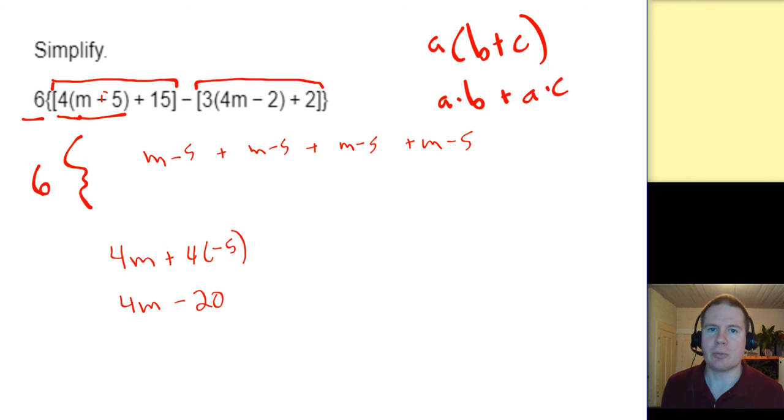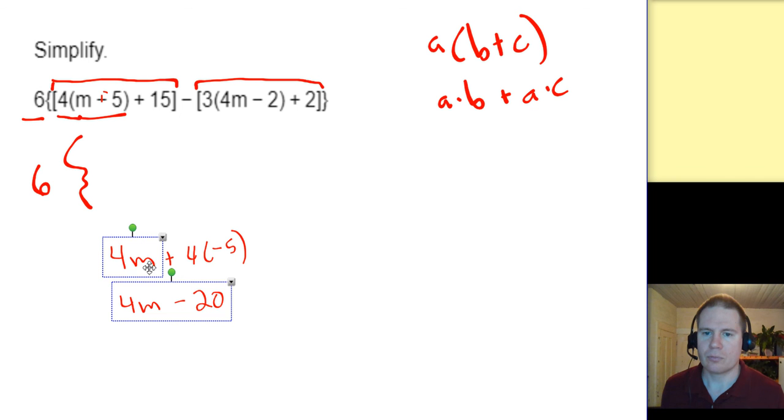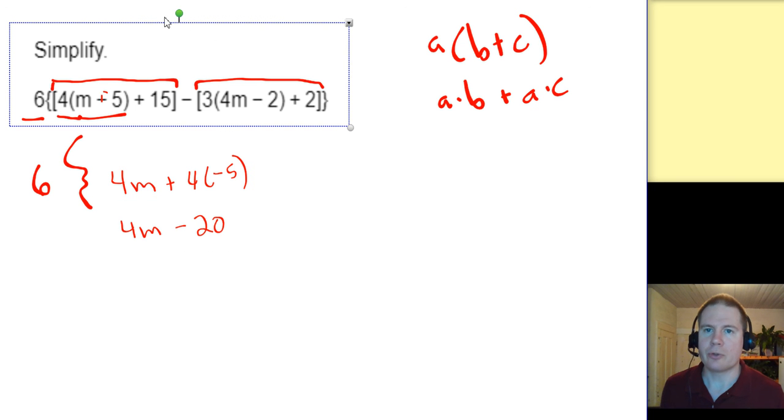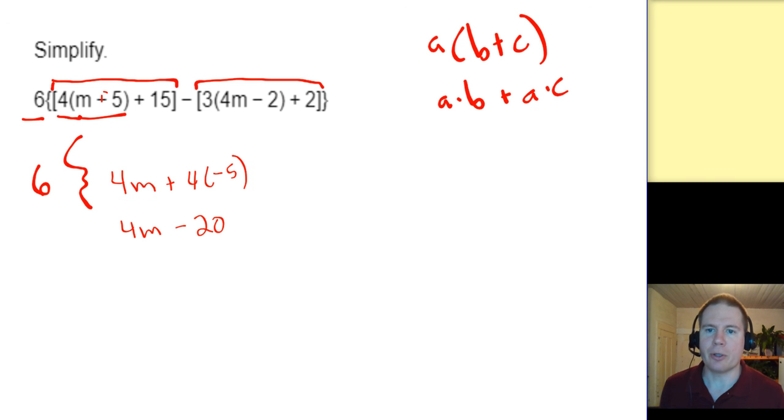So let me erase all of this because I'm just explaining how the distributive property works again. Try again here. There we go. Move all of this up. So I'm kind of going line by line.